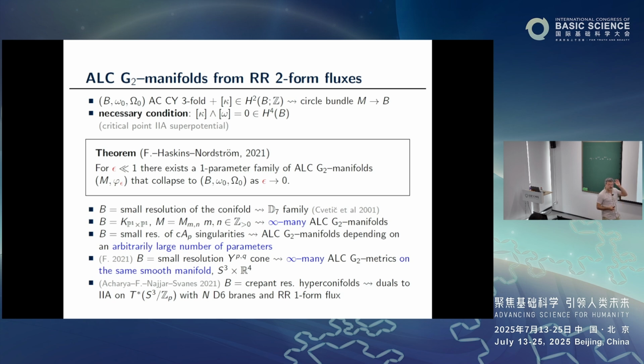For each fixed epsilon, there is a metric that is really Ricci-flat with holonomy G2, that solves fully the nonlinear equation, and I have one for each epsilon that is sufficiently small depending on the data of the Calabi-Yau that I start with.